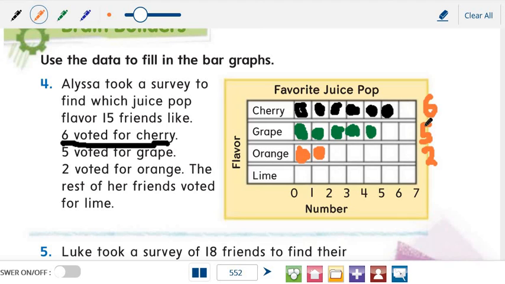So 6 plus 5 equals 11, plus 2 equals 13. So these are 13 friends, but we know that Alisa asked 15 friends. So we still have 2 friends. These 2 friends, the rest, voted for lime. So we will color 2 squares for lime. So interesting. It's so easy, right, grade 2?